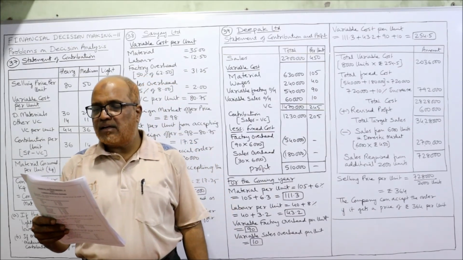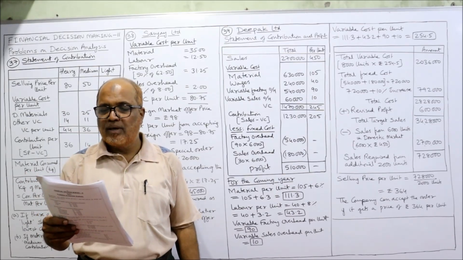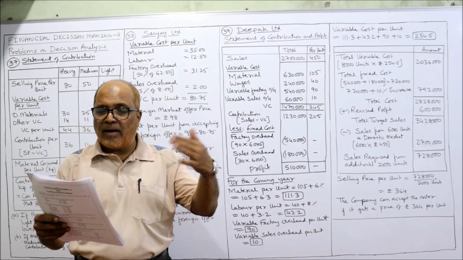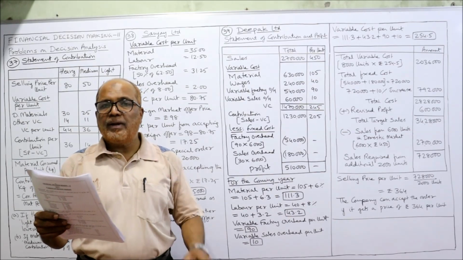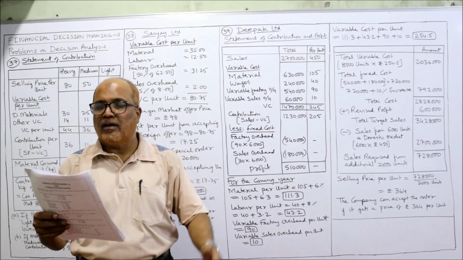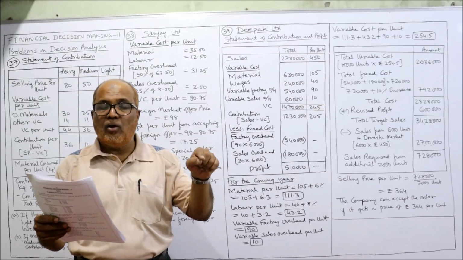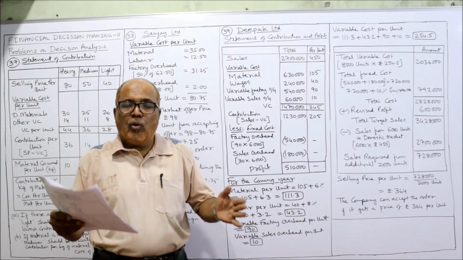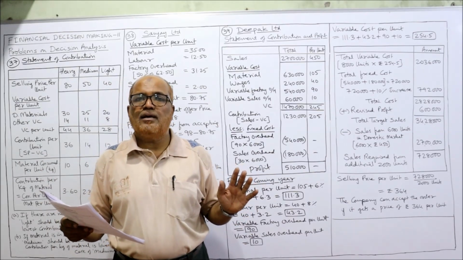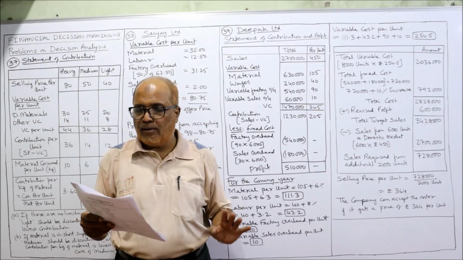It anticipates that material and wages will increase by 6% and 8% respectively, while fixed overhead will go up by 10%. The company wants to earn a profit of 6 lakh rupees in the coming year, but it cannot increase its selling price in the normal market. In the home market, we cannot increase the selling price. The present selling price is 450 rupees. We can sell at 450 only.